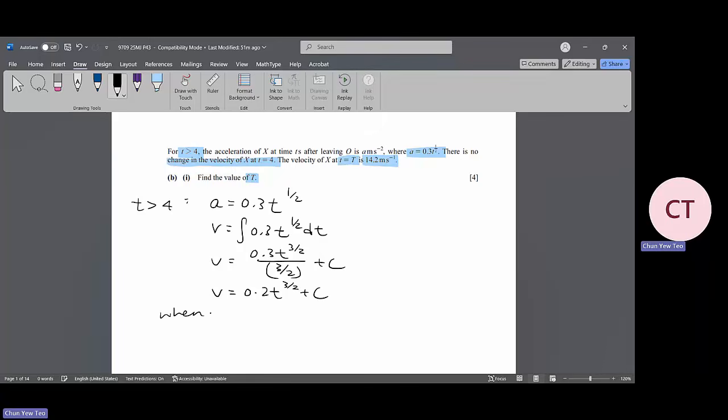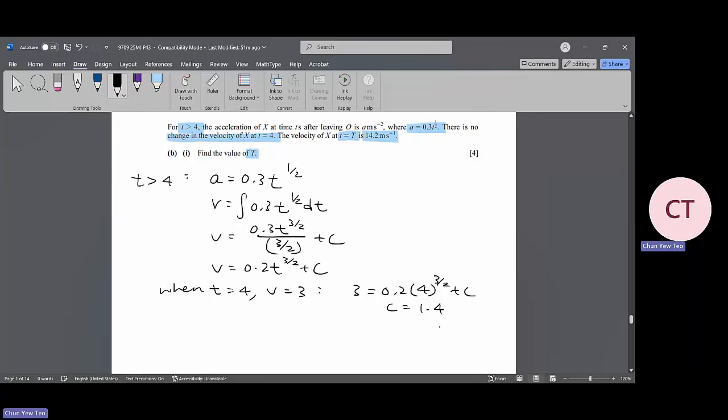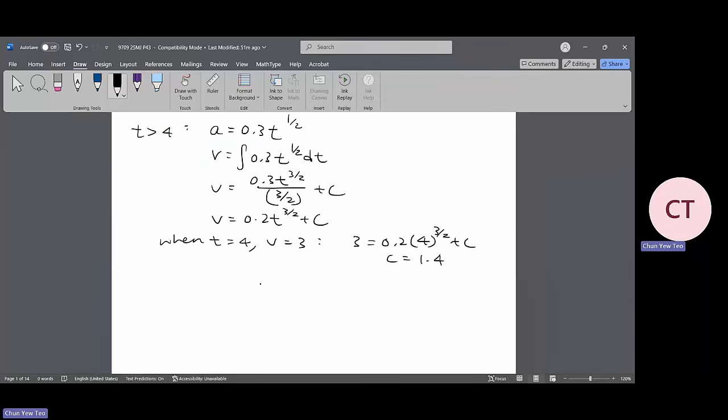Then when t is equal to 4, your velocity is the same as part A just now, the v is 3. So you get 3 is equal to 0.2 times 4 to the power of 3 over 2 plus c, so you get c as 1.4. So the velocity over here is 0.2 t power 3 over 2 plus 1.4.